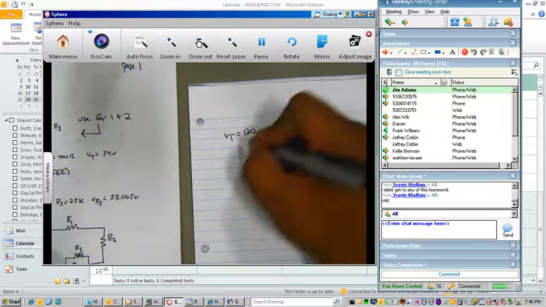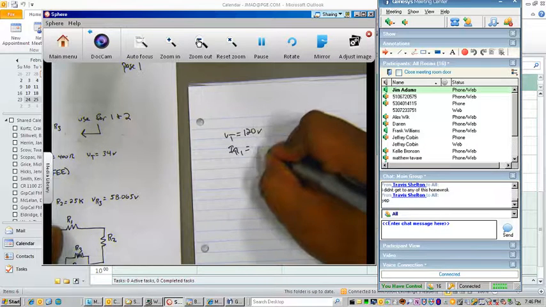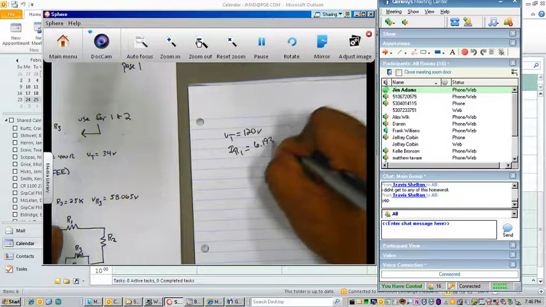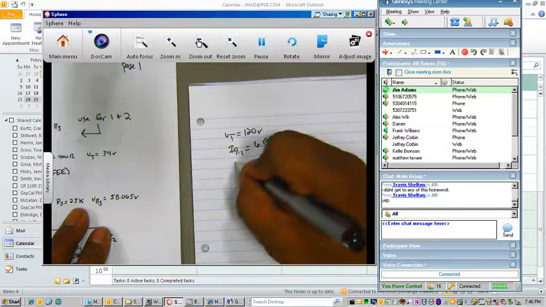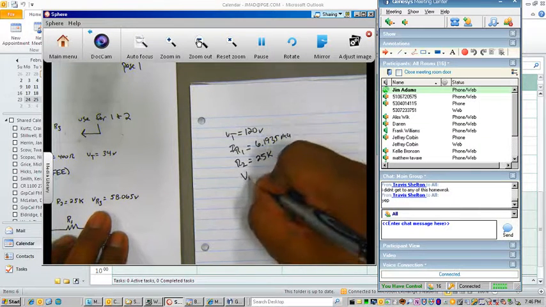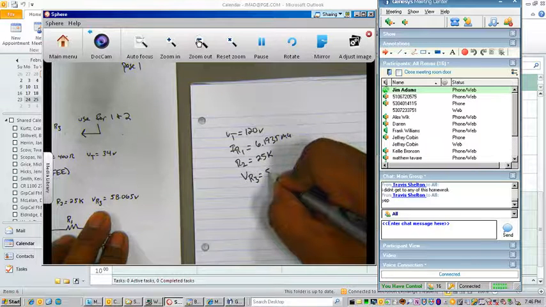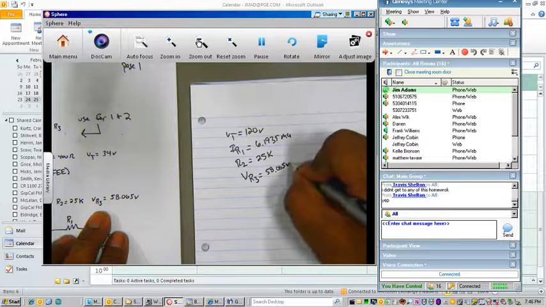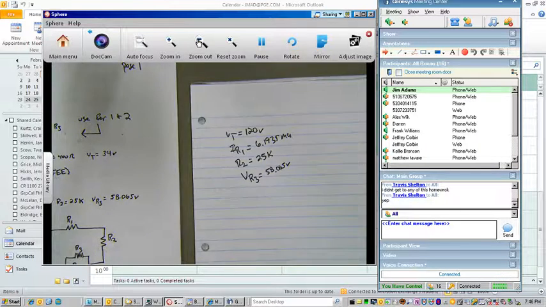And the sum of these should equal 100 milliamps total, right? Yeah. So 24 divided by 600, I have 40 milliamps, and 24 divided by 400 gives me 60. 60 plus 40 equals our total current.